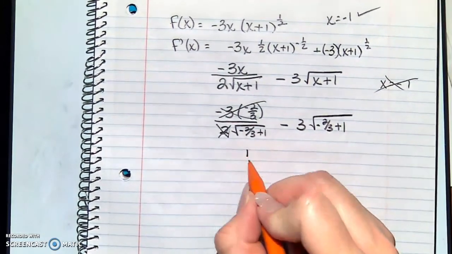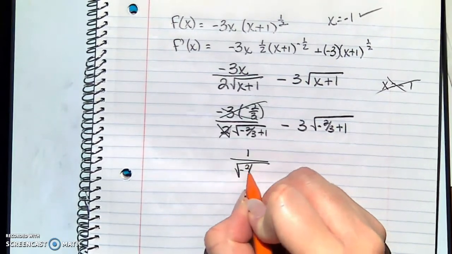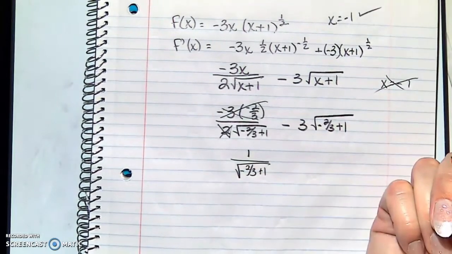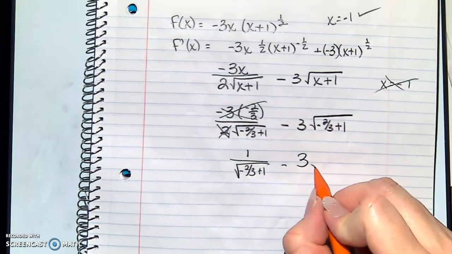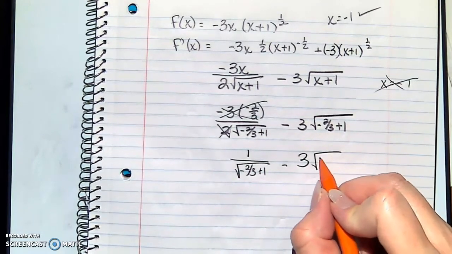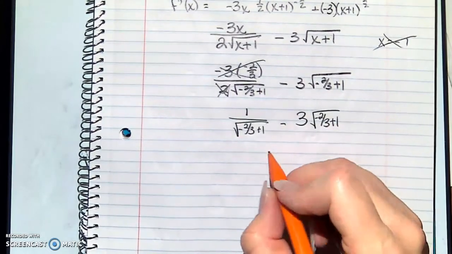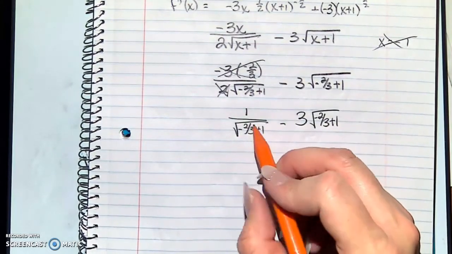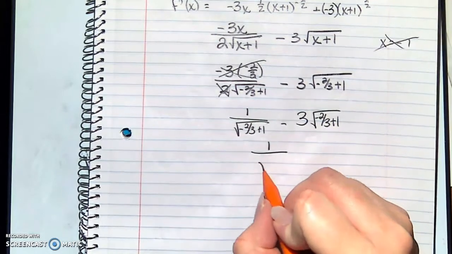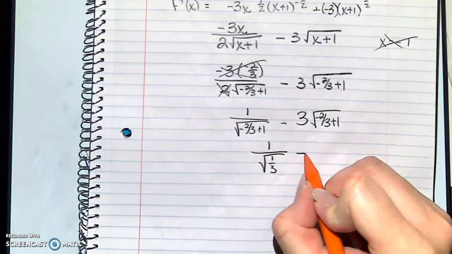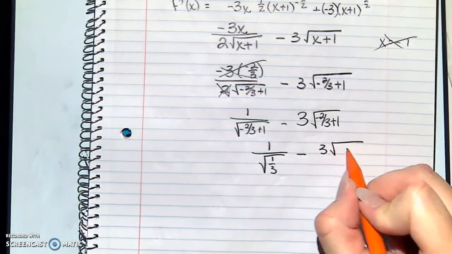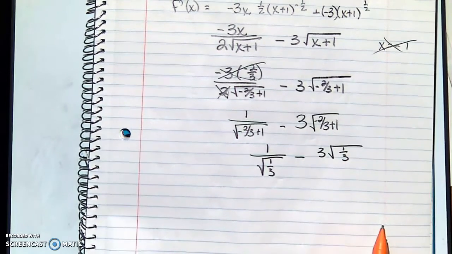And then I will have a 1 over the square root of negative 2/3 plus 1 minus 3 times the square root of negative 2/3 plus 1. So this is going to end up being 1 over the square root of 1/3 minus 3 times the square root of 1/3.